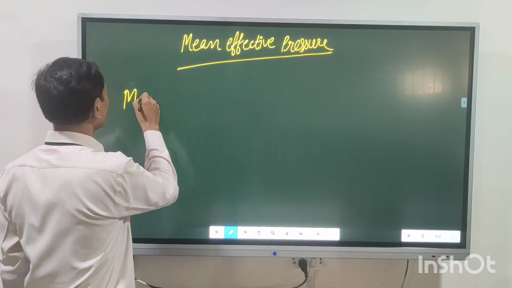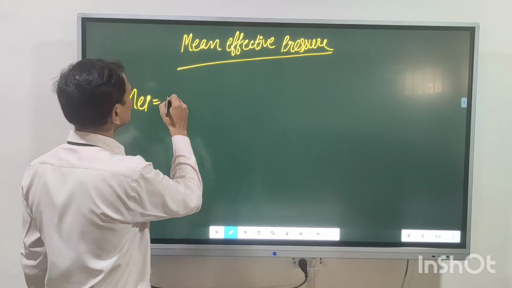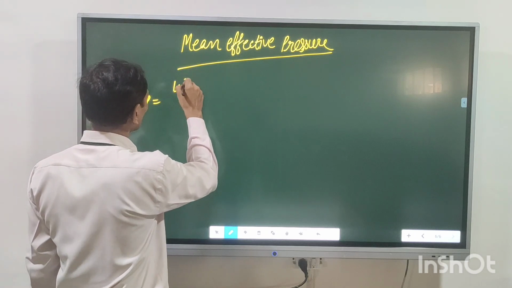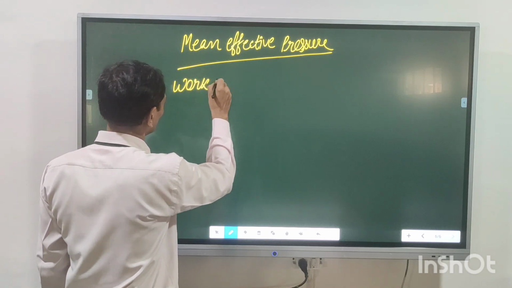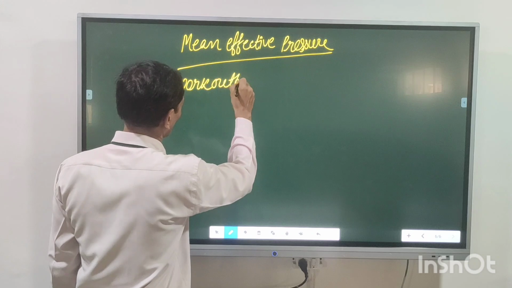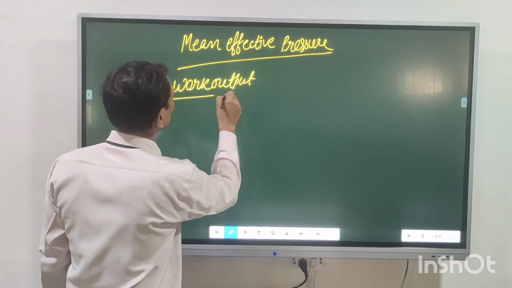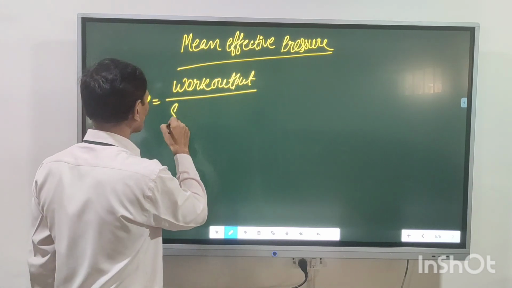Mean effective pressure, MEP, is equal to the ratio of the net work output to the swept volume.